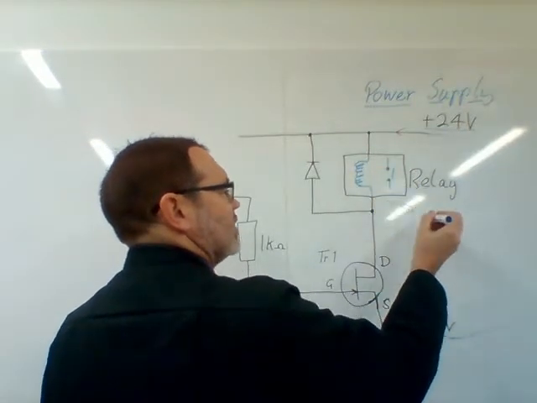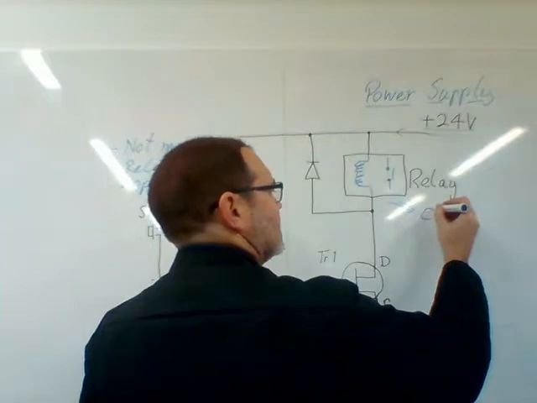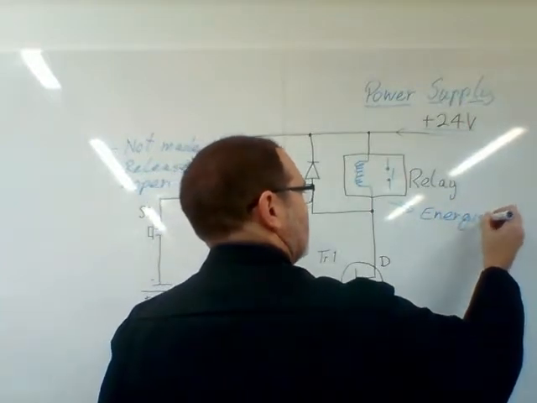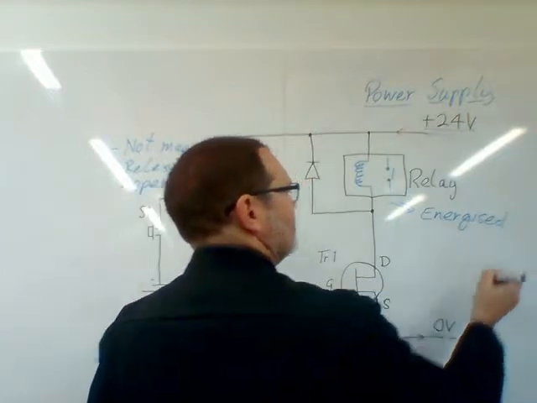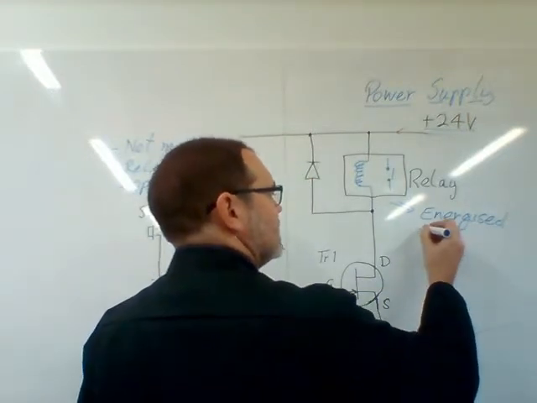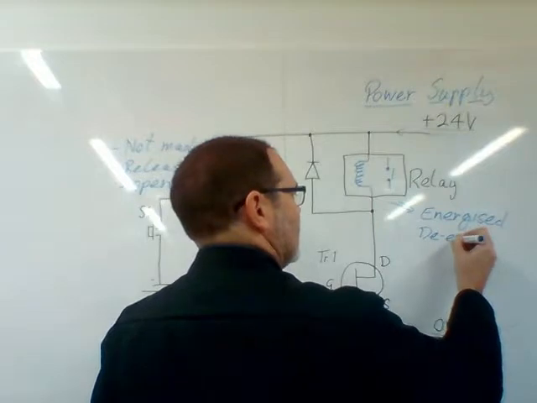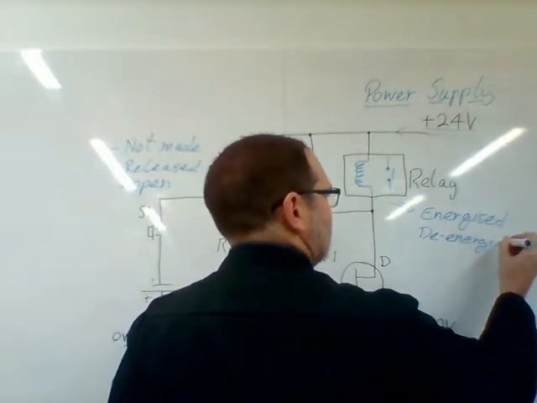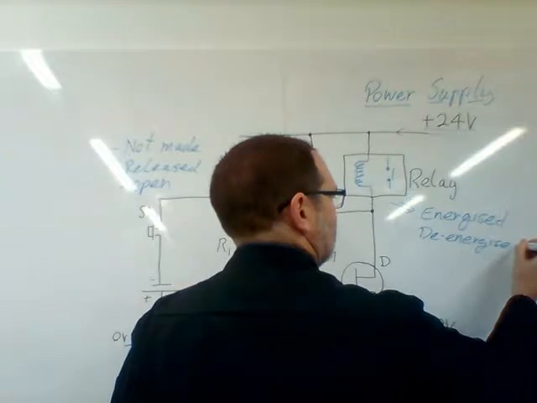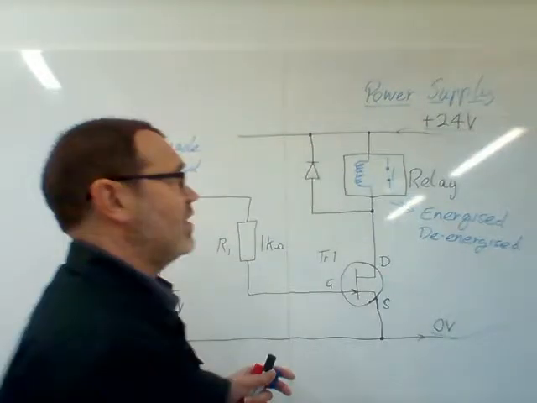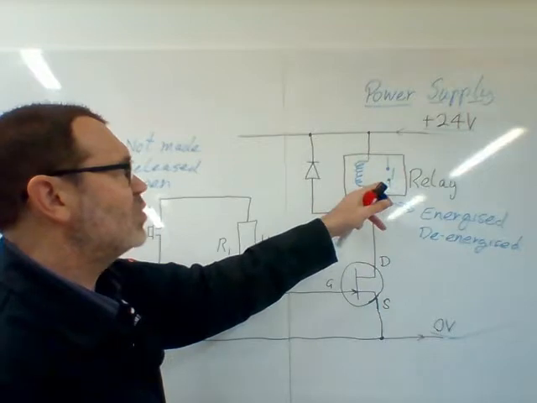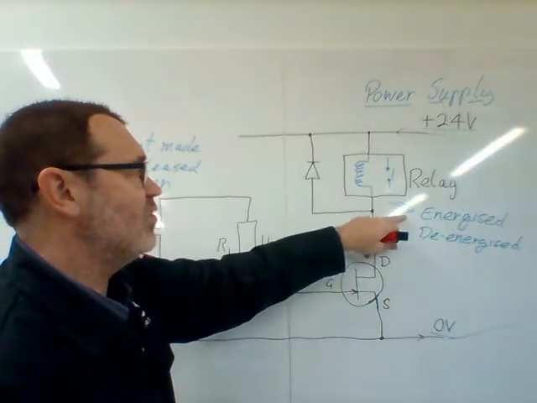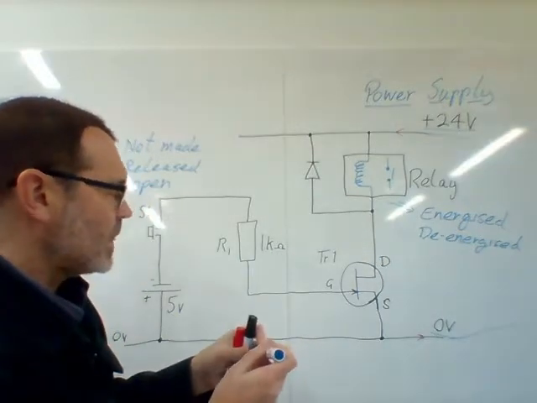The technically correct language for that would be energized when current is flowing through it, and de-energized when current isn't flowing through it. So we won't worry about whether it's open or closed, made or unmade. We'll just say it's either energized, current flowing through it, or de-energized.